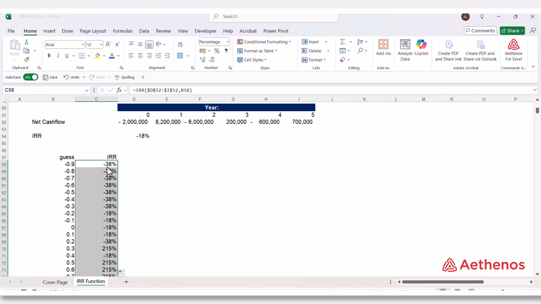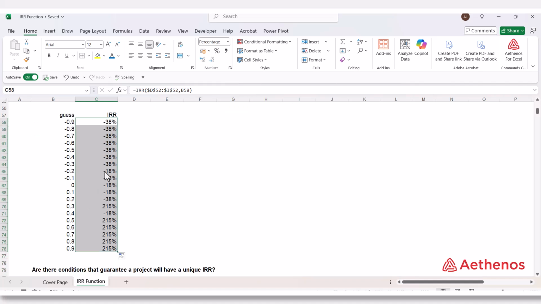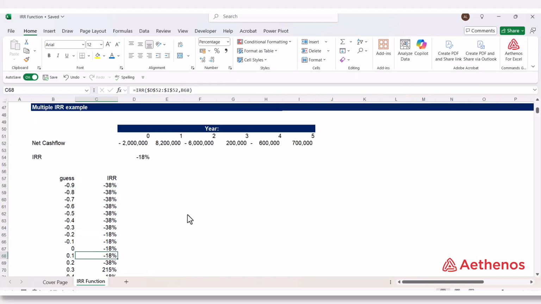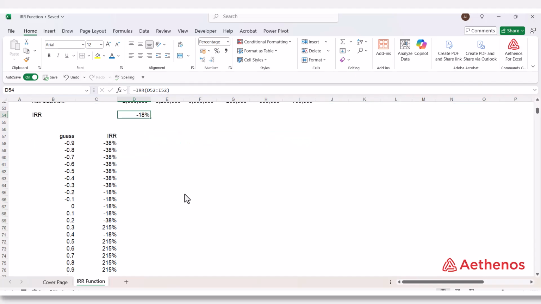As you can see, we are getting minus 38% for these guesstimates, and from here we are getting minus 18%. For 10%, we got minus 18%, which is why the formula returned minus 18% when I did not give a guesstimate.